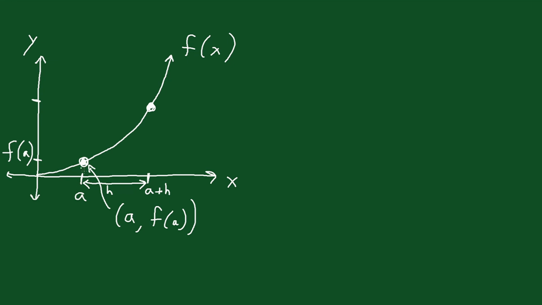So this x value is a, this x value is a plus h. Okay? And if that's the case, the y value, we can just as easily say, is f of a plus h. So this point has the coordinates a plus h, comma, f of a plus h.